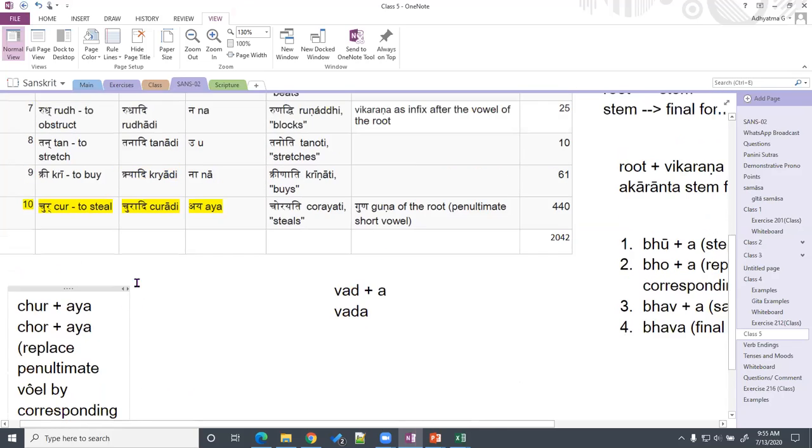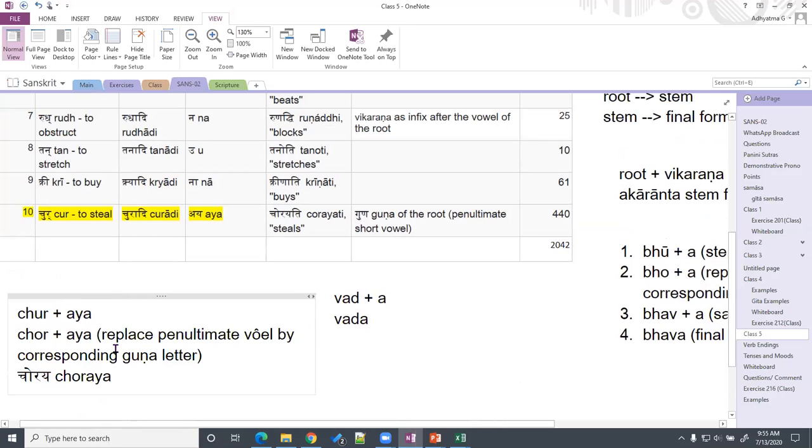That's what we have done. So here if you look at chur, okara has been replaced by okara, penultimate vowel by corresponding guna letter. And then you have to just add it up, choraya.